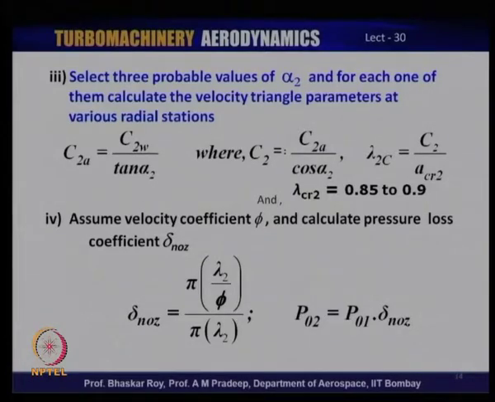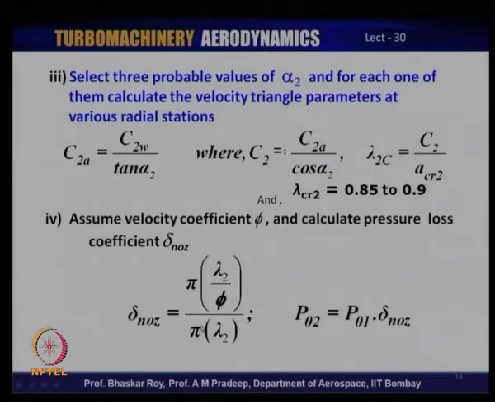And then, with the help of that, you try to find the velocity coefficient phi, which is the flow coefficient or velocity coefficient, and the nozzle pressure loss coefficient. The nozzle pressure loss coefficient can be found by using certain correlations. These correlations normally need to come from various cascade data, and that cascade data has to be made available to the designer.